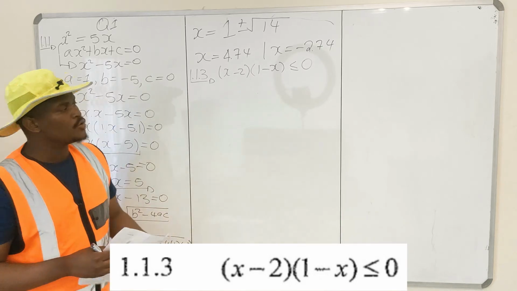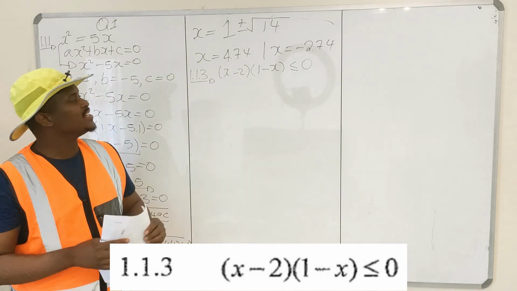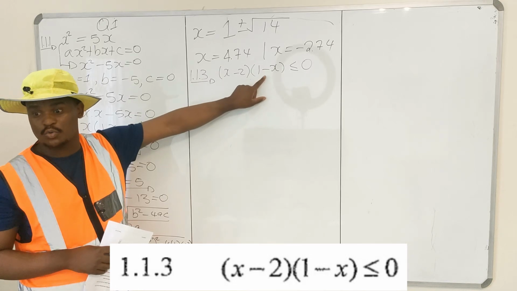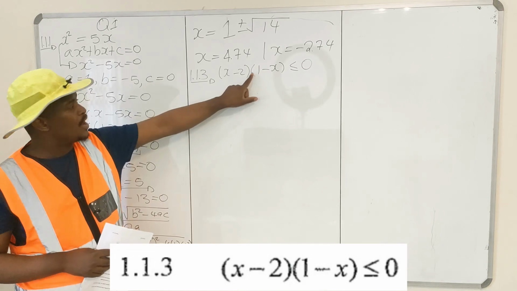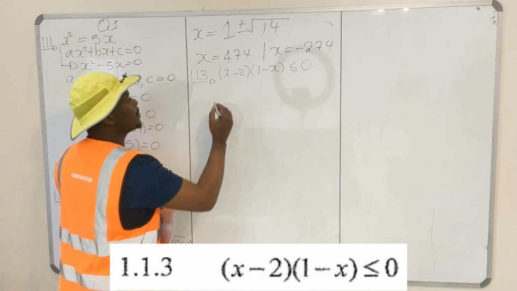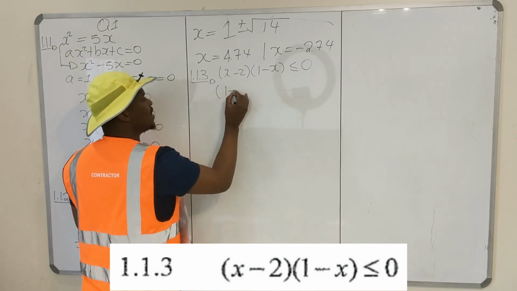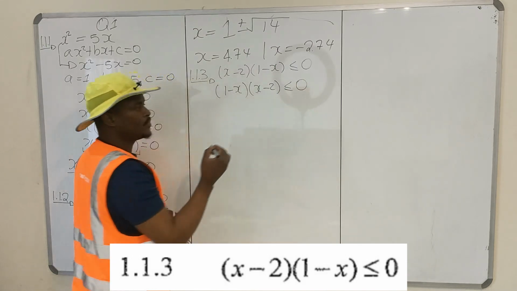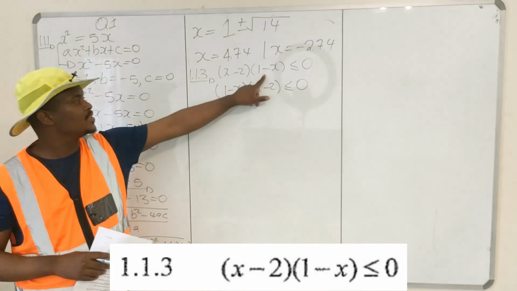Also, start with the bracket you want to make changes inside, because you like it when it starts with a positive x. So just write 1 minus x times x minus 2 is less or equal to 0. Still good. It's the same thing, we just started with that bracket instead of this one.